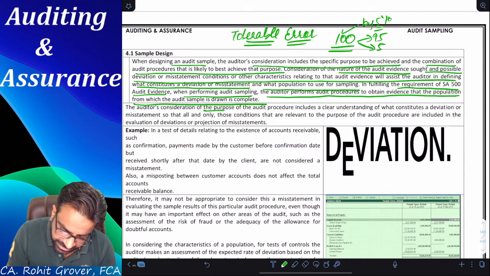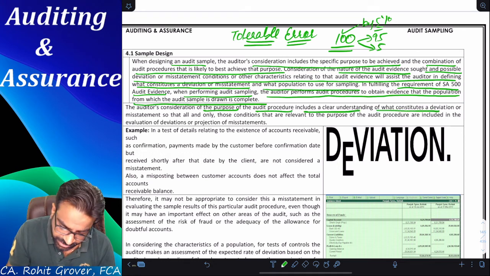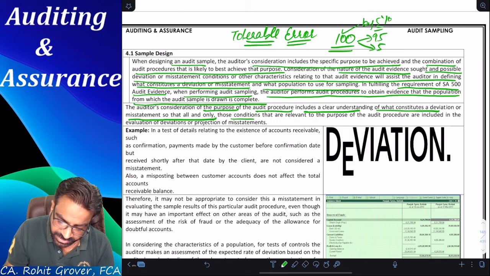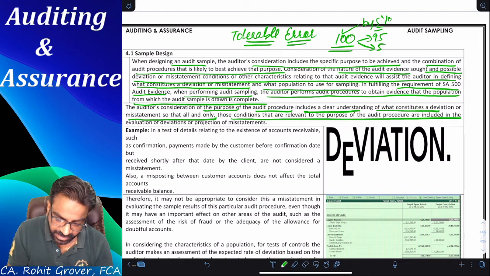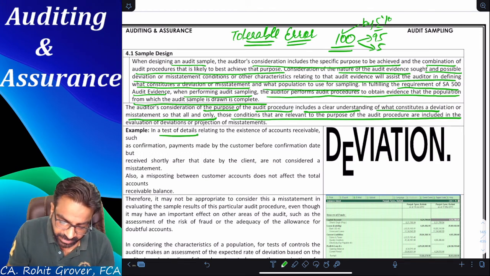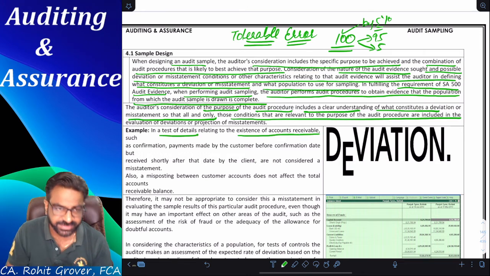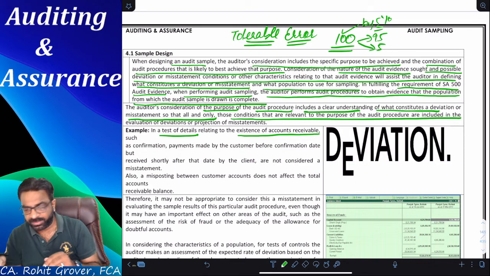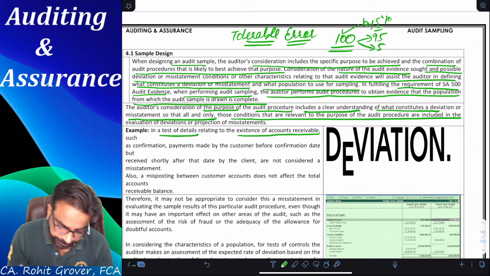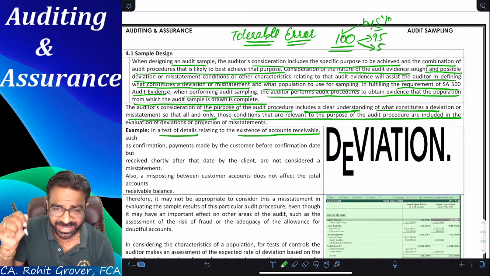The auditor's consideration of the purpose of the audit procedure includes a clear understanding of what constitutes a deviation or misstatement, so that all and only those conditions that are relevant to the purpose of the audit procedure are included. Now, in the test of details relating to existence of debtors, an example is given. Suppose we are doing the TOD in relation to debtors and we want to check the existence of debtors.